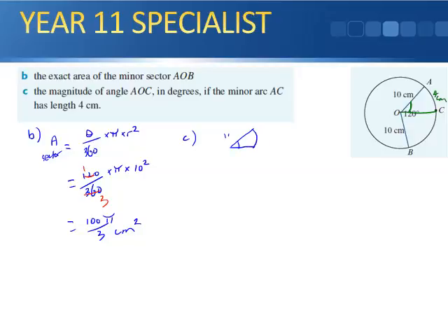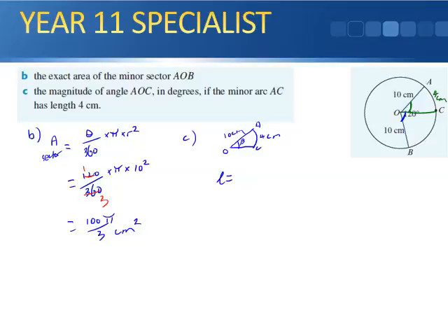I want to know that angle there, that's 10 centimeters, that's 4 centimeters, that's A, that's C, that's O. First thing I'll do is put beta here, and then I just want to find that. I'm just going to double it because remember I've split that in half. I'll still double it anyway.